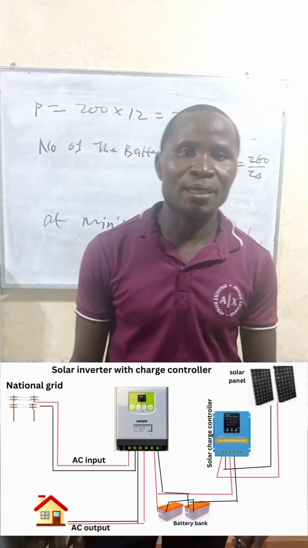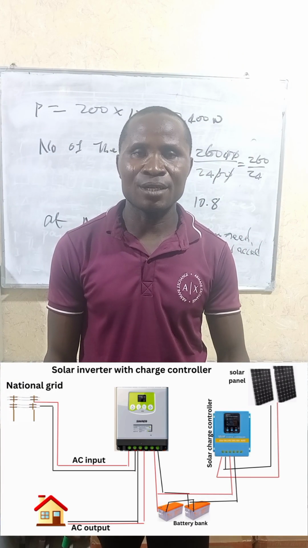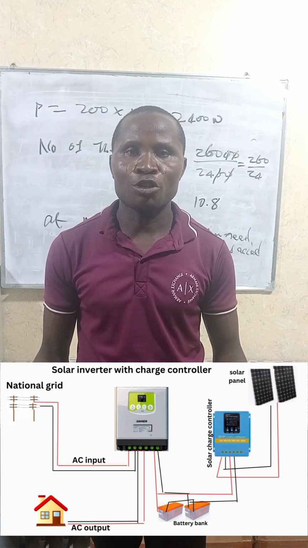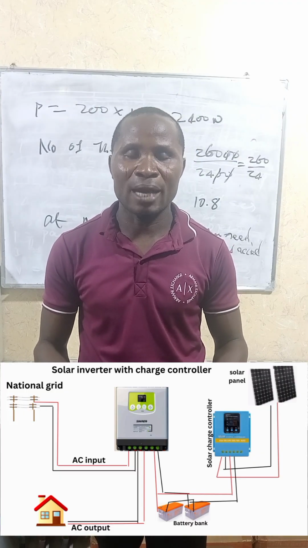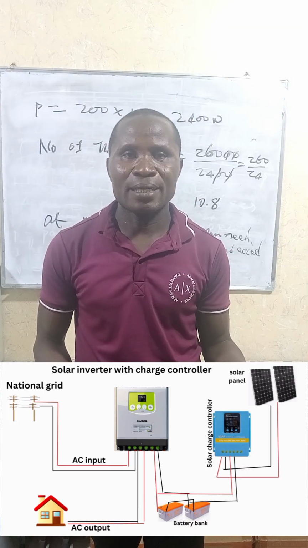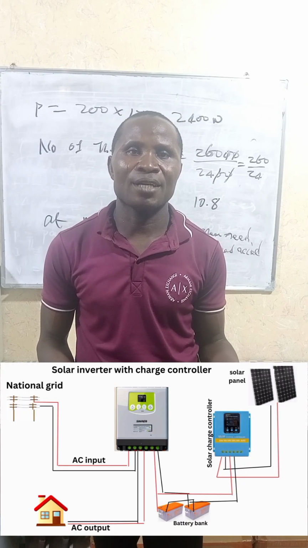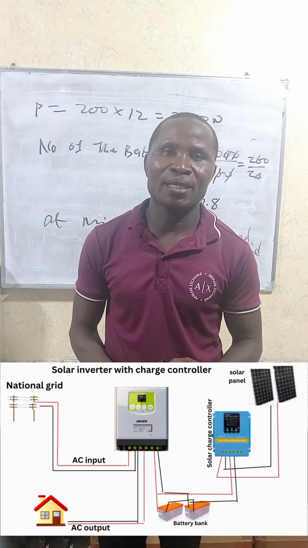So, question D. You see that we have the grid. The picture showing under the video now is the answer to question D. By this side, you have the national grid. That is the AC input to the inverter.